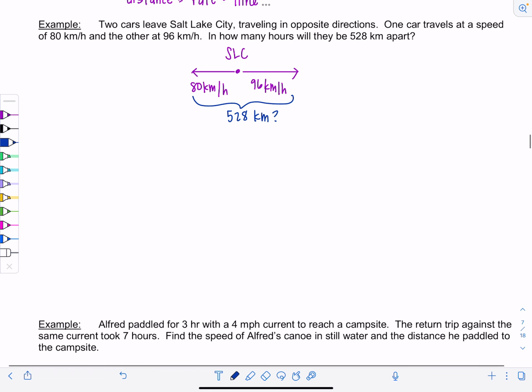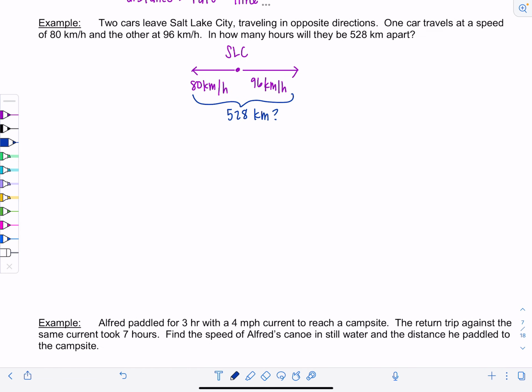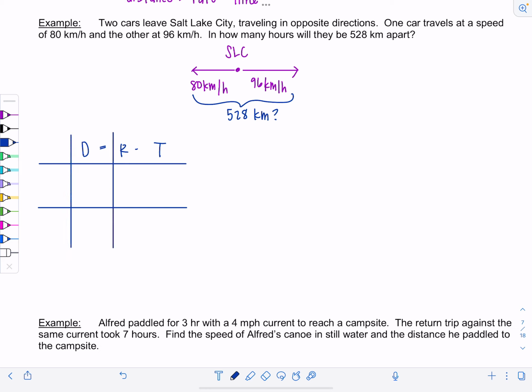Okay, so we'll make a table. Put 2 rows, one for car 1, one for car 2, and then the heading is just going to be distance equals rate times time. So car 1, car 2. Car 1's rate, I'll say that's the slower one.